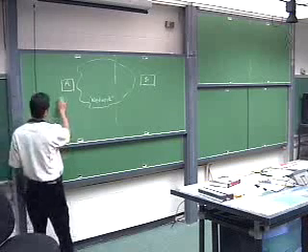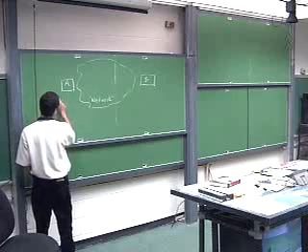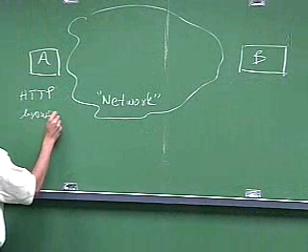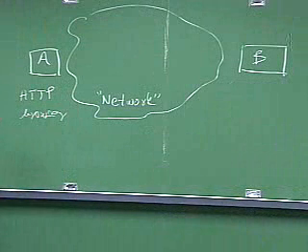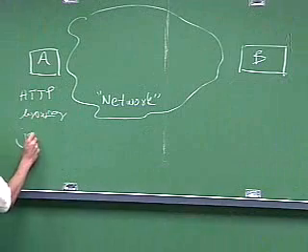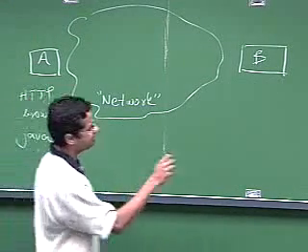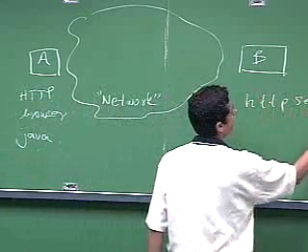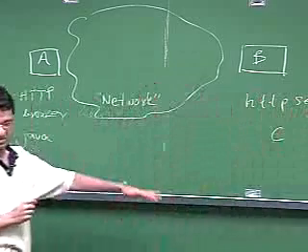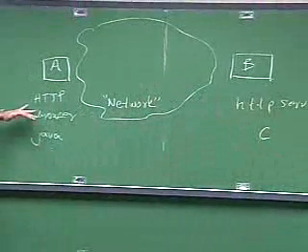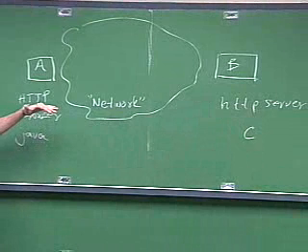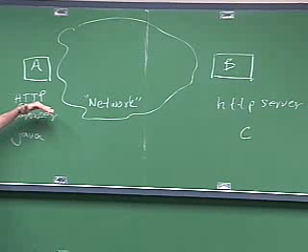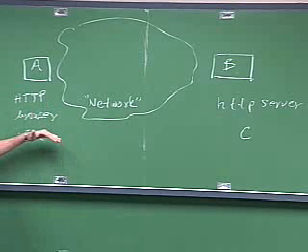So for instance, an HTTP browser on node A could be written in Java. The HTTP server could be running in C. But both of them have to follow the specifications of HTTP. So as long as you follow the specification, it doesn't matter what language, whether it's software or hardware.